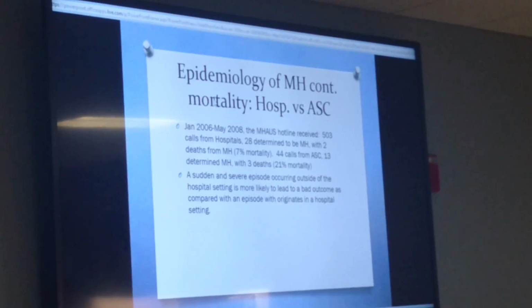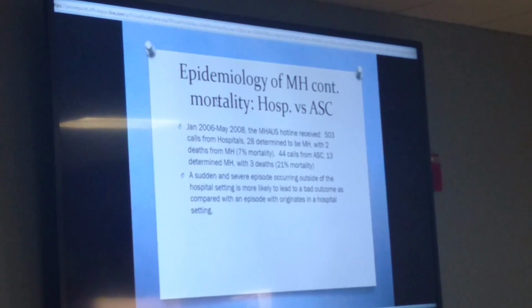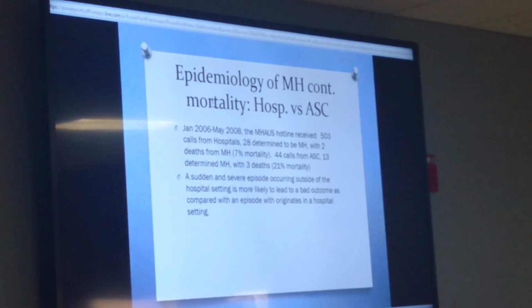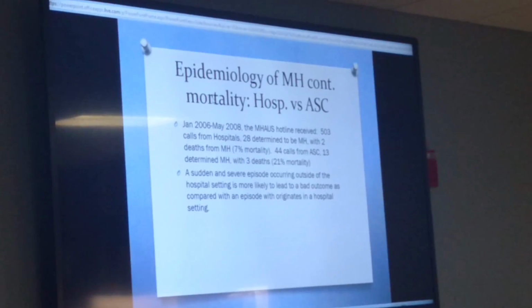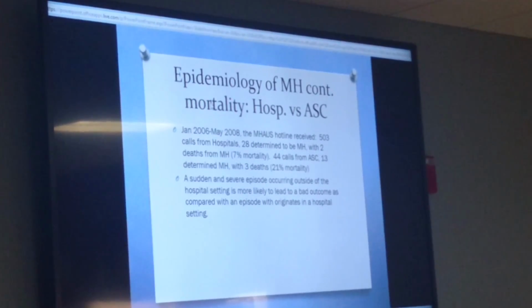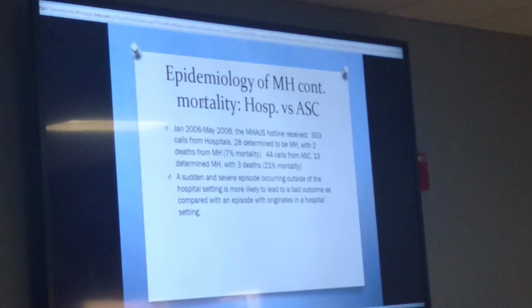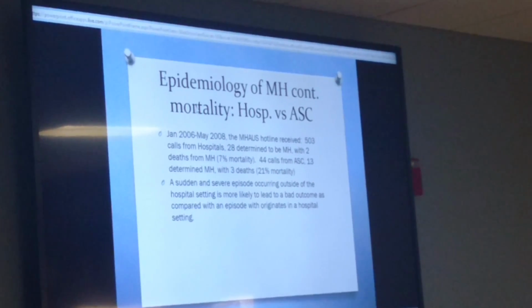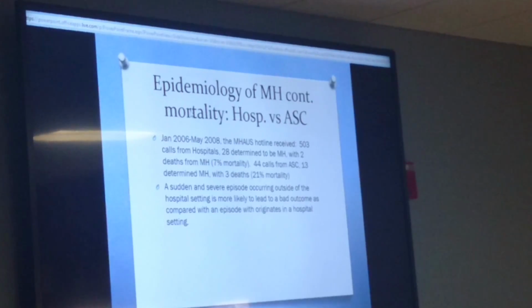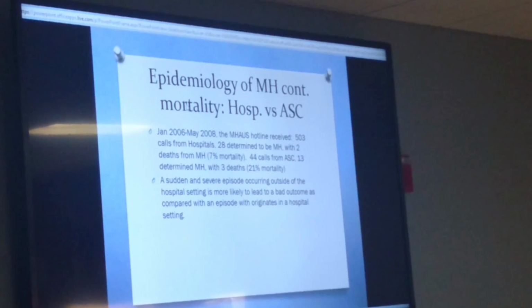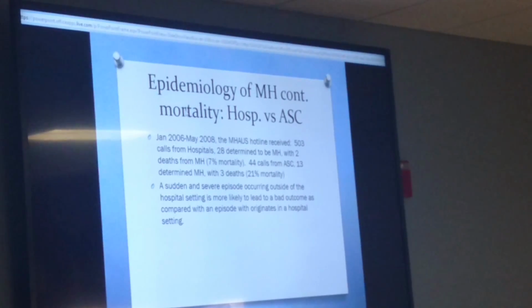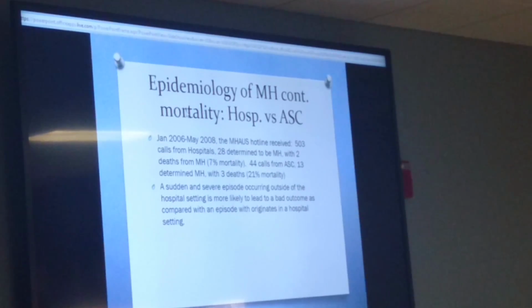When ASCs first opened up, they did not do those type of cases. So they determined, they had 3 deaths, which is a 21% mortality rate. So out of this study, they decided that a sudden and severe episode occurring outside of a hospital setting was more likely to lead to a bad outcome. That's what they got from this study.